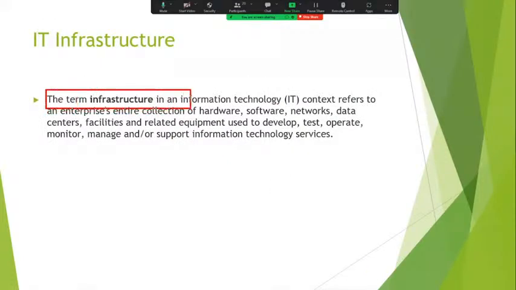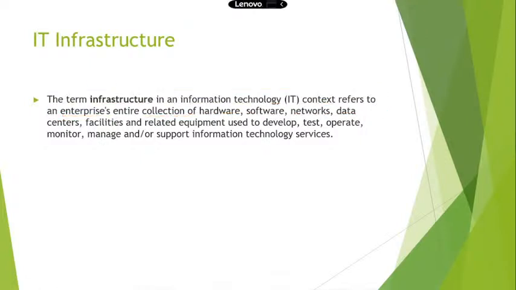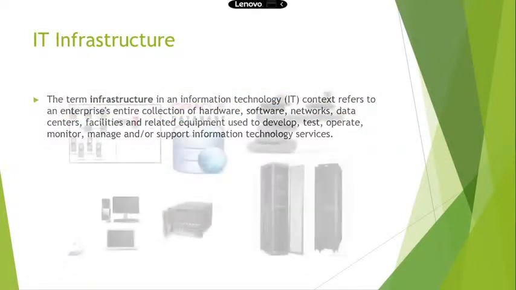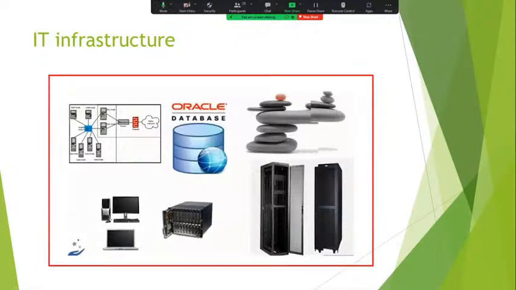This is the exact definition of IT infrastructure. In information technology, the term infrastructure refers to the collection of hardware, software, switches, network, and load balancer. Now, to maintain our own IT infrastructure, we require what? One DC. What is the DC?